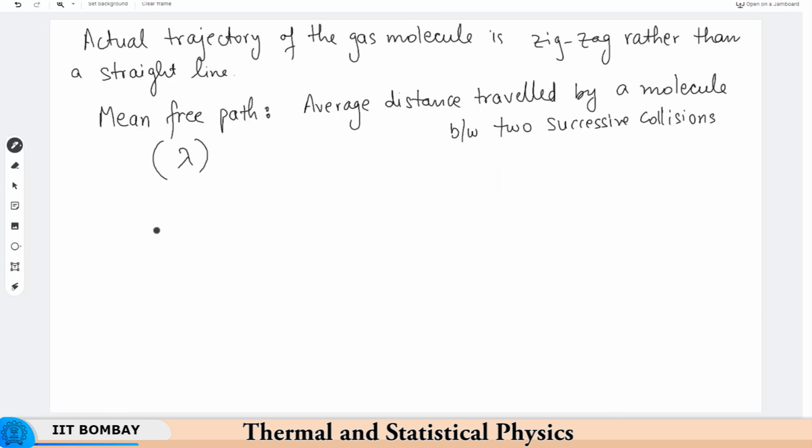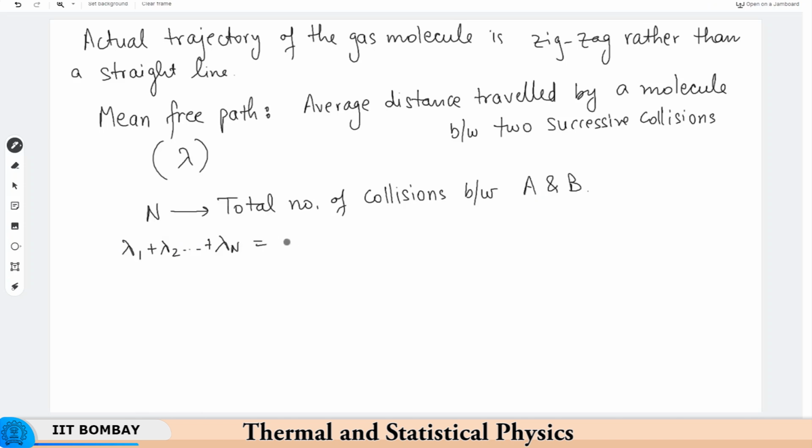And now we can write down the definition. Say n is the total number of collisions between point A and B, and lambda 1 plus lambda 2 so on plus lambda n is the total distance travelled by the gas molecule.